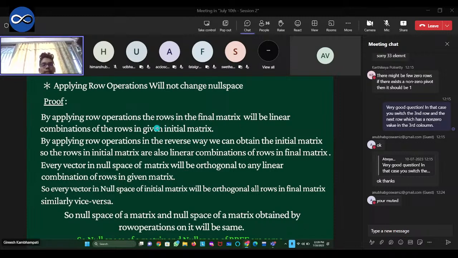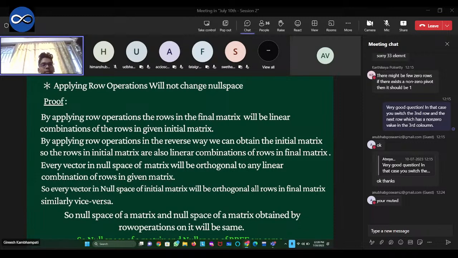What are row operations exactly? We can interchange two rows. If we interchange two rows, the final row vectors are the ones in the initial matrix only, so there is no confusion on that point. If we multiply a row of the given matrix with a non-zero constant, the final rows will again be linear combinations of the initial rows, because we multiplied one row with a constant.